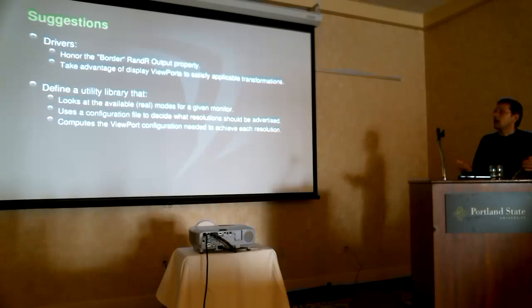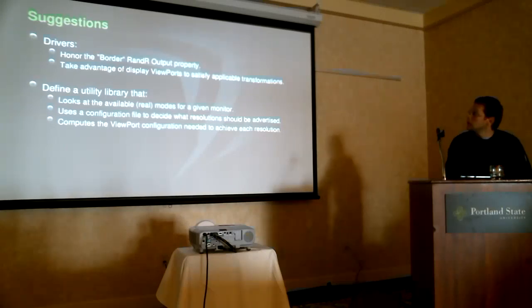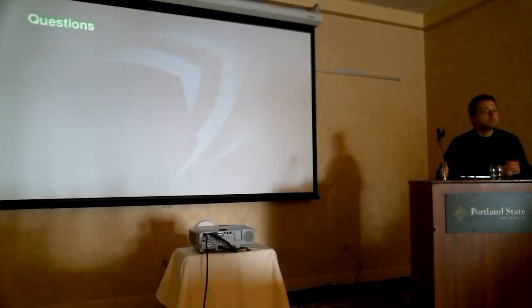And then again, I don't know if it makes sense to define some sort of utility library that would abstract away policy that applications like Wine don't want to encode themselves, but that don't really make sense lower in the stack either. I'll just leave that as an open question. And that's all I have.